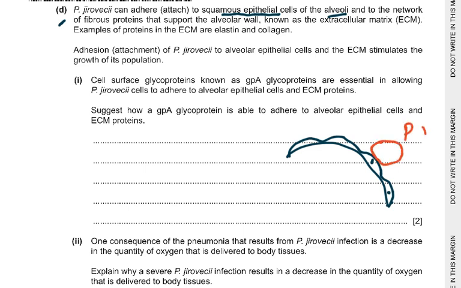So P. jirovecii can adhere to squamous epithelial cells of the alveoli and to the network of fibrous protein that support the alveolar wall known as the extracellular matrix. Examples of proteins in the extracellular matrix are elastin and collagen. Adhesion, which is attachment of P. jirovecii to alveolar epithelial cells and the ECM, stimulates the growth of its population. So this then starts to divide.